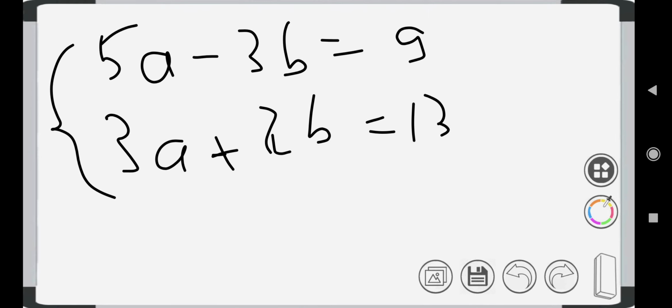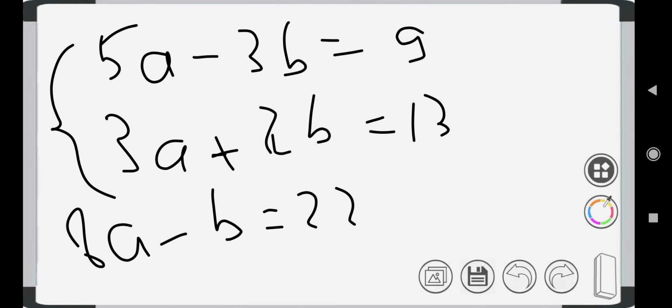There are many different ways to solve systems of equations like this, but here is how I did it. Let's sum up those two equations. We get 5a plus 3a is 8a, minus 3b plus 2b is just minus b. It all equals 9 plus 13, which is 22.